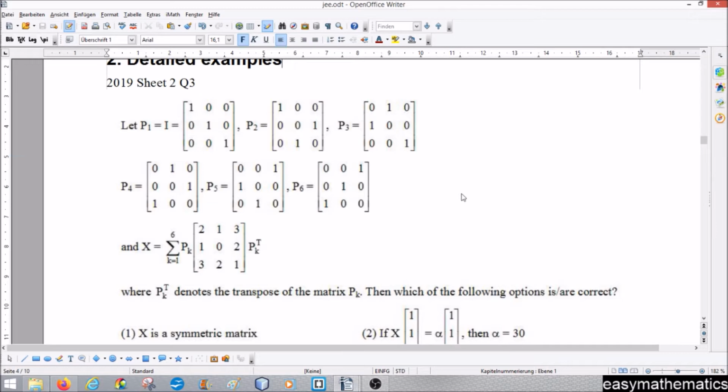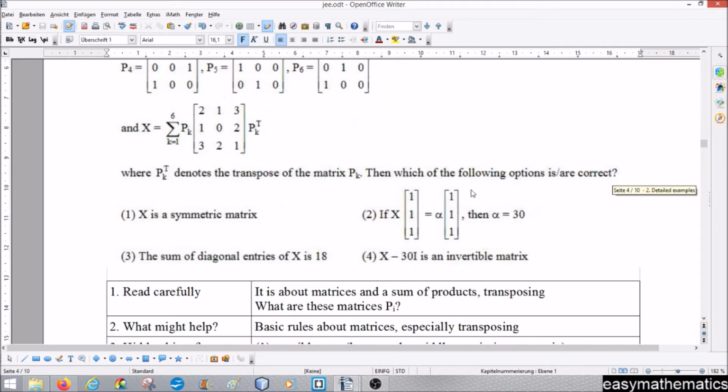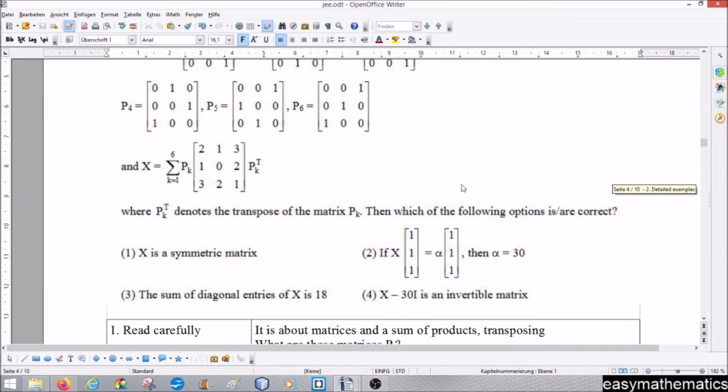Okay, then which of the following options are correct? X is symmetric. If X times vector 111 equals alpha times vector 111, then alpha is 30. Third, the sum of diagonal entries of X is 18. And X minus 30 times identity is invertible.